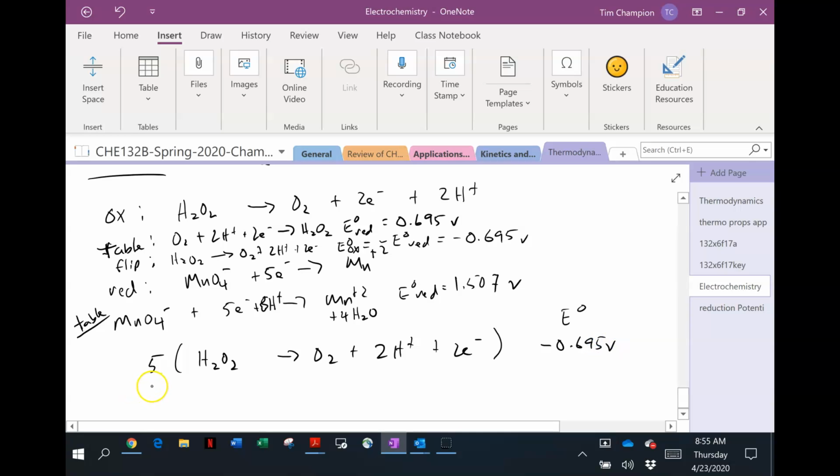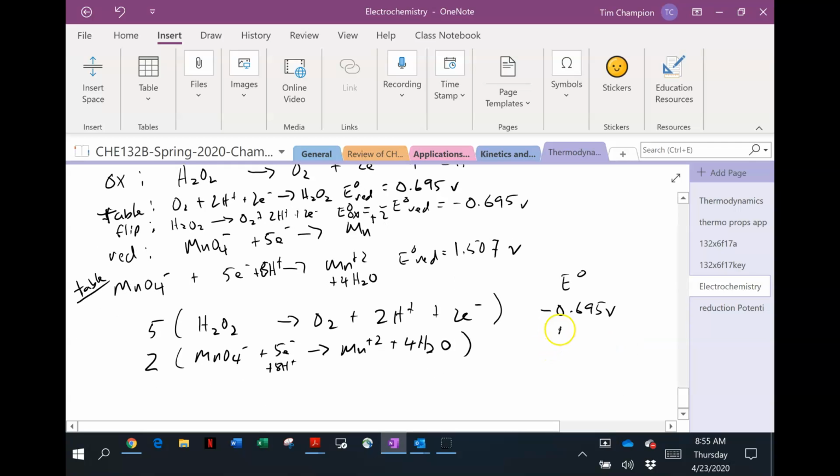And then on the reduction side, 2 times MnO4 minus plus 5 electrons plus 8H plus goes to Mn plus 2 plus 4 H2O. And that's 1.507 for that potential.